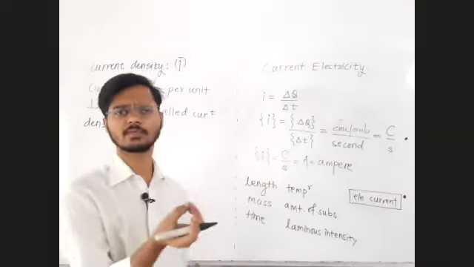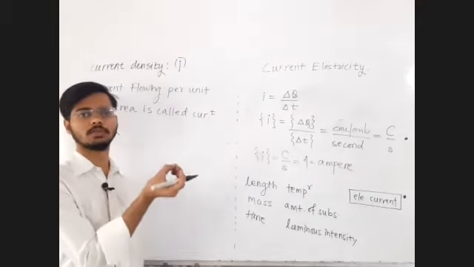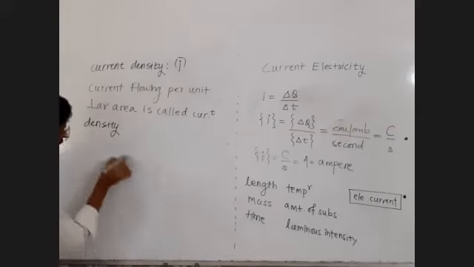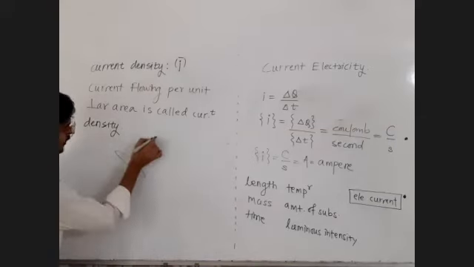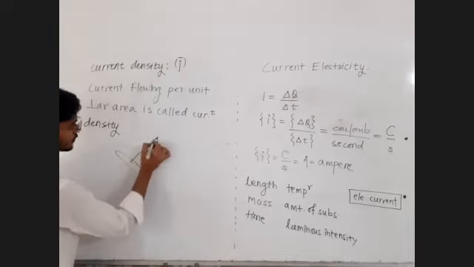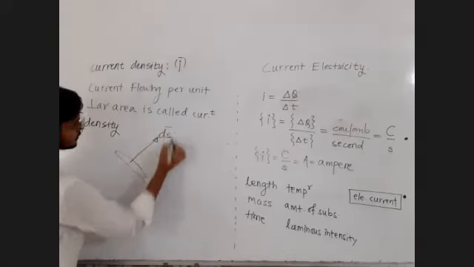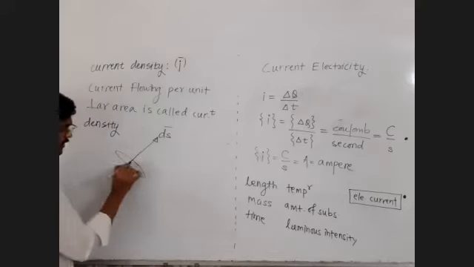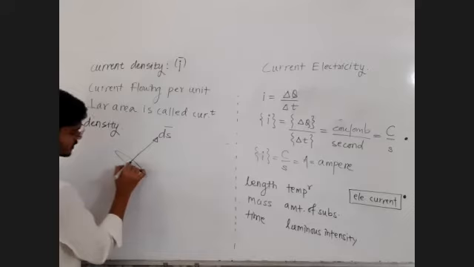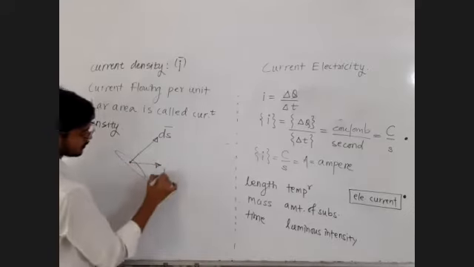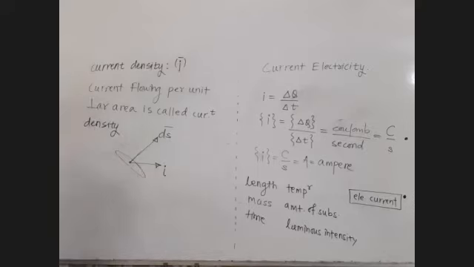At a given point you assume some volume, so charge per unit volume. So at a given point you have to assume a point area, which will be ds bar. This is the ds bar. At that point, let's say the current is flowing in the rightward direction, that's the current I.